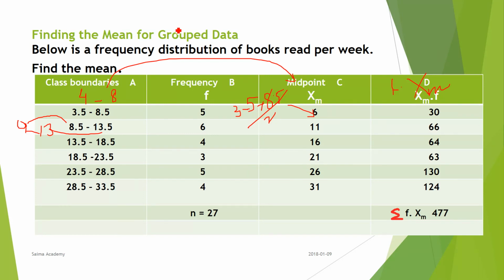Right? If your data is in a group, you have to make a table. This is the procedure, how to calculate the mean of group data. First, you have to make a table. In the first column, you have to assign the class boundaries. In the second, you have to make the frequency. Third, you have to take the midpoint of the class boundaries. In the fourth column, you have to multiply the second and third columns, and the summation of f dot xm is 477.